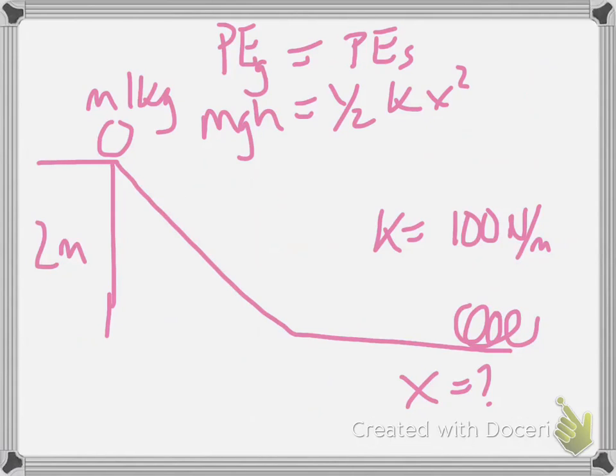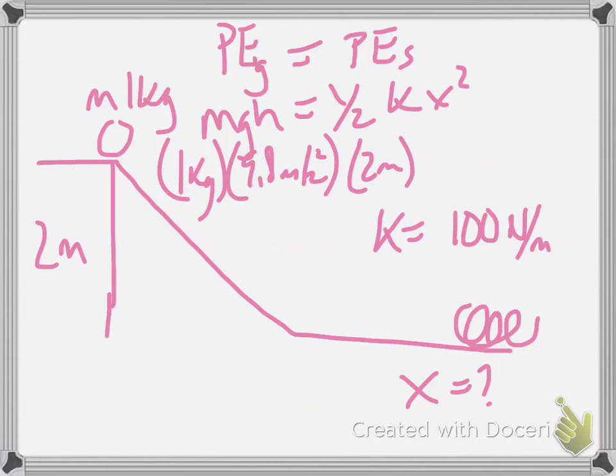Okay. So the mass would be 1 kilogram times gravity times 2 meters for the height equals 1/2 times 100 newtons per meter times x squared. So over on this side we'd have roughly 20 divided by 50 on the other side, so we're looking at 2/5, the square root of 2/5.